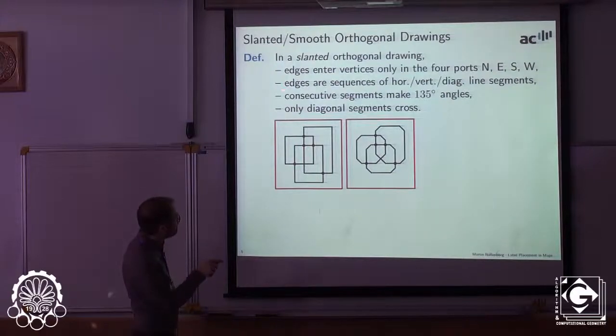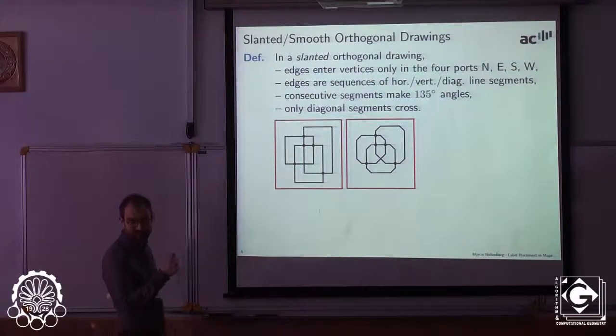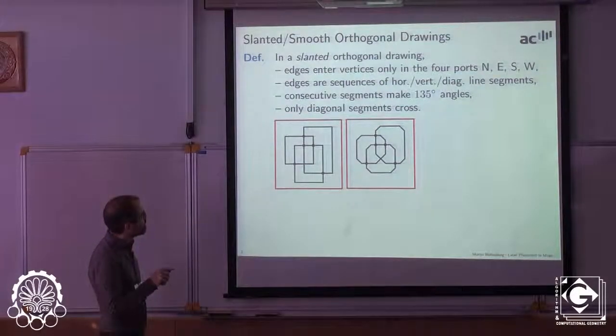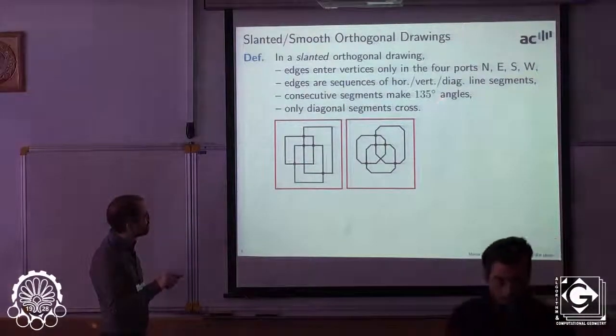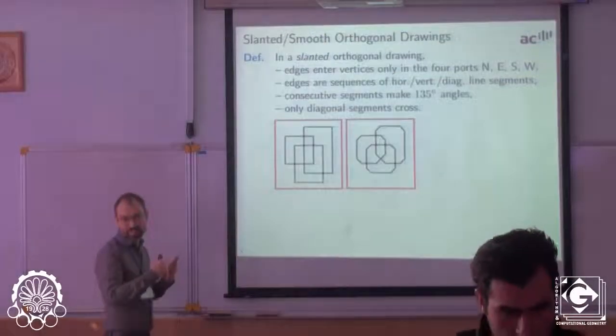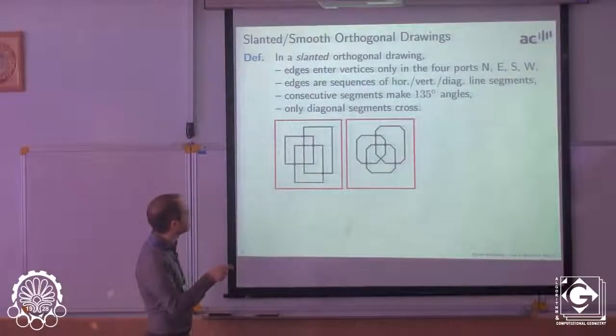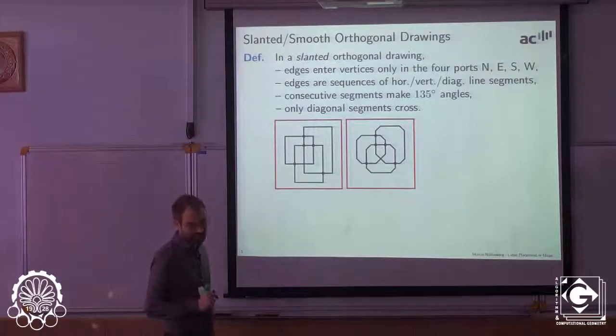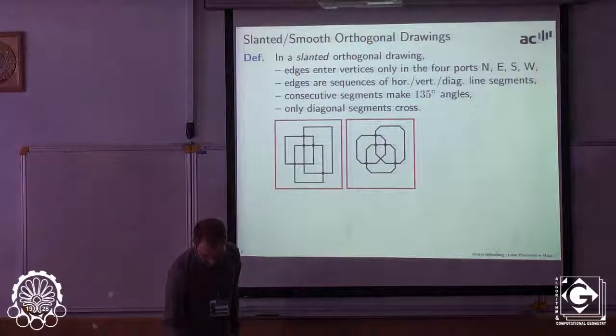Then every edge is represented as a polyline using horizontal, diagonal, and vertical line segments, but any 2 consecutive segments must have a large angle of 135 degrees. And only the diagonal segments may cross. So this is the definition of slanted orthogonal layout.